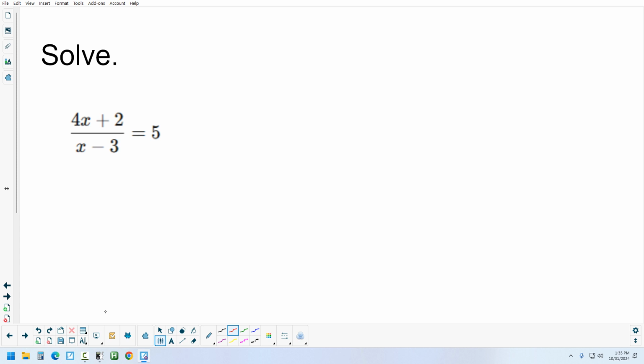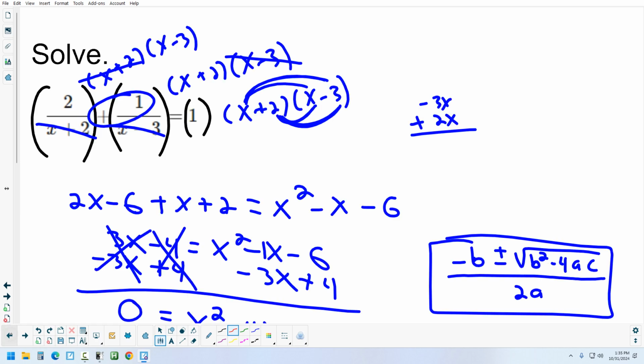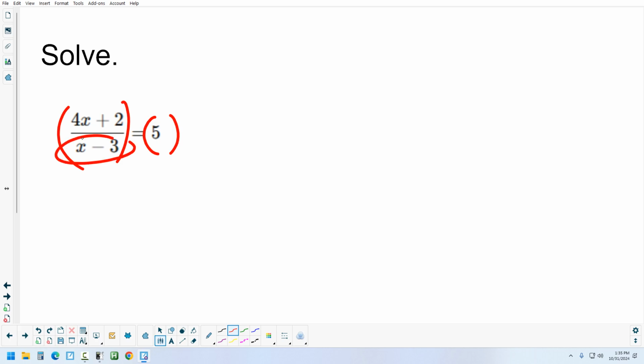Do you multiply them both by x minus 3? Yes, there's only one denominator there, x minus 3. You're multiplying everything by the denominators you see right there. The only denominator I see in this one is x minus 3. So multiply by x minus 3.